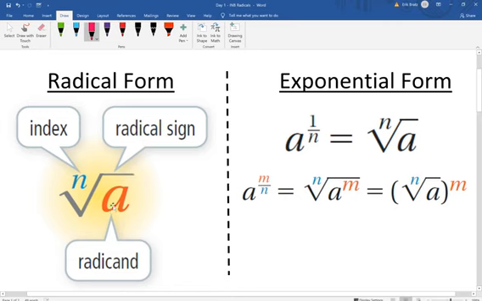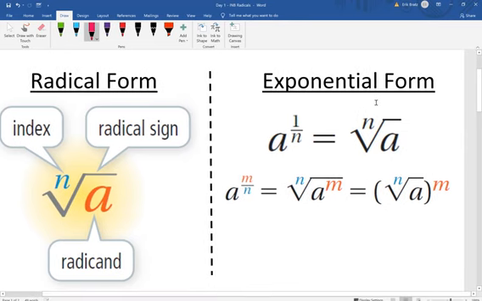The radicand, it's this funny sounding word, it's describing everything that's inside of the radical. So we have the radicand, the thing on the inside, or the expressions on the inside, and we have the index, this little number that's on the outside.